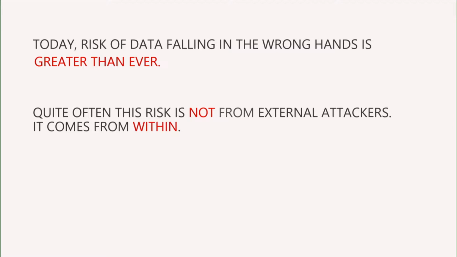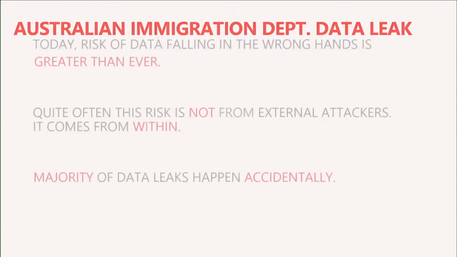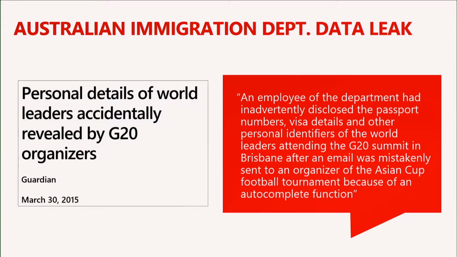I don't want to poo-poo anyone who's thinking about the external attackers. There are some great talks about advanced threat protection, Windows Defender. Those are real threats. But most of your data leaks might be coming from someone inside, and it's a complete accident. For example, last year, I like this example because it happened just before Build 2015.